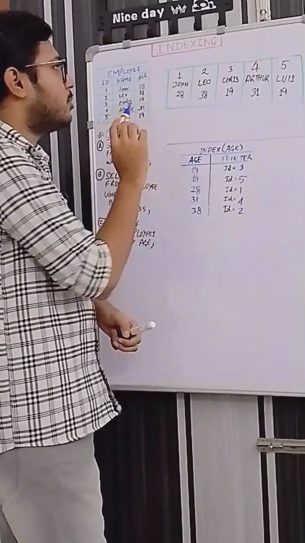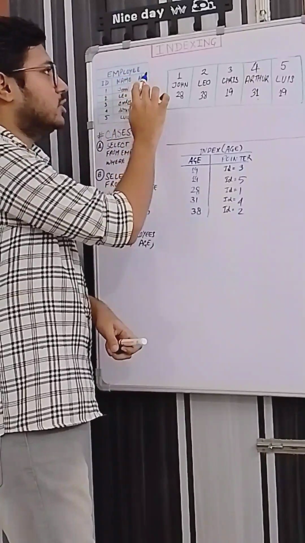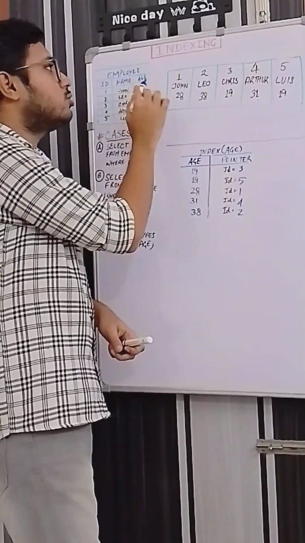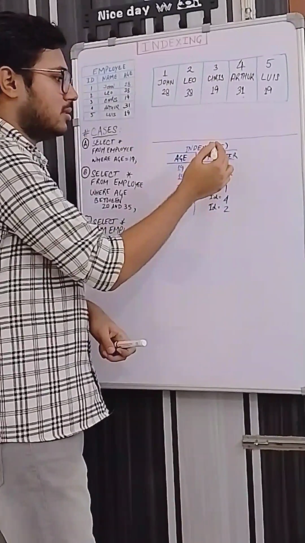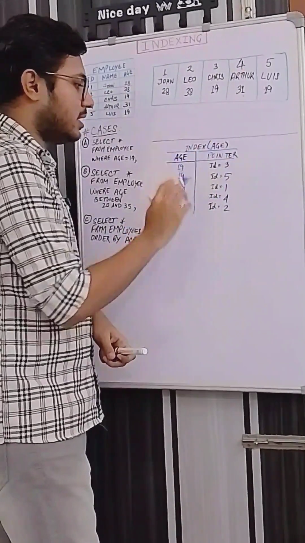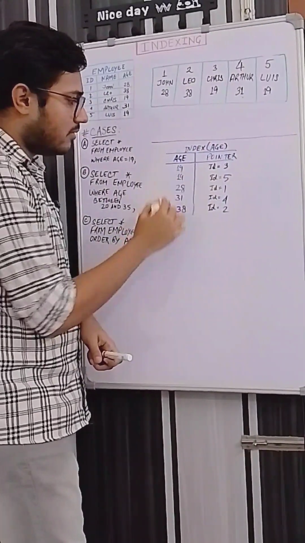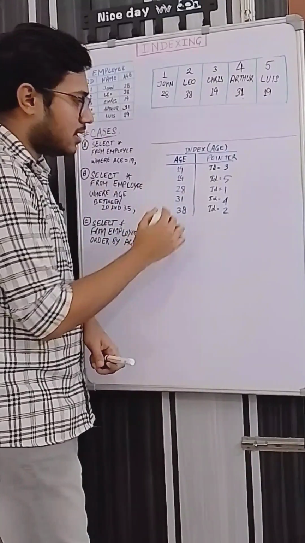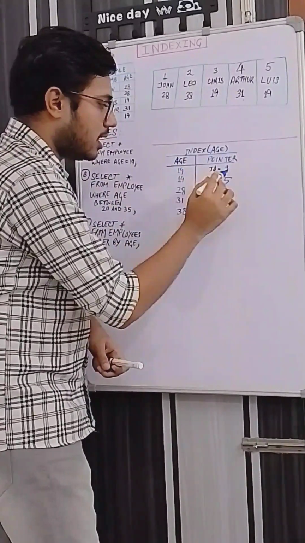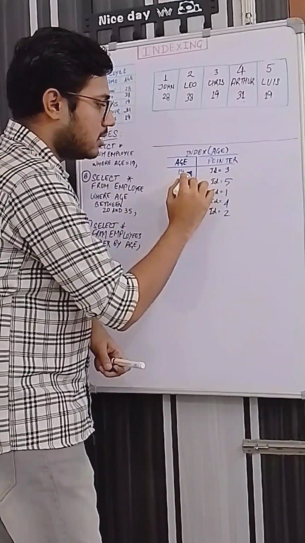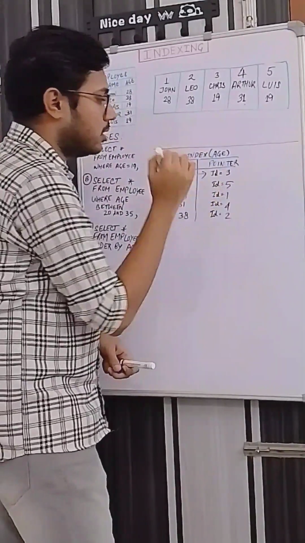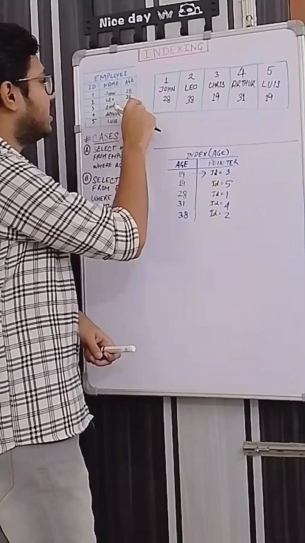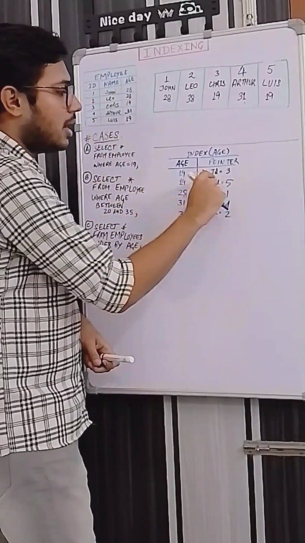For employee, we were performing the query on age. We will also apply an index on the age field only. On creating an index on age, we get all the values of age in a sorted manner, and for each element of age, we have a reference to the associated record. Let's say this 19 is for this record, ID is equal to 3.